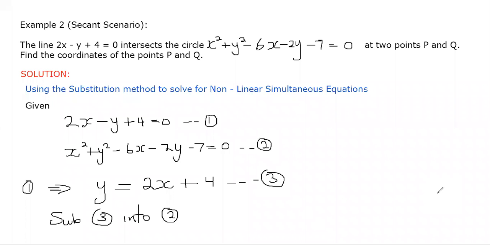Right, so let's do that. Wherever we see y in equation 2, we're going to substitute it with 2x plus 4.